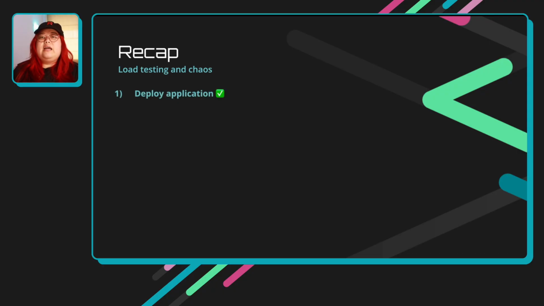So let me step back here and summarize what I've done. I deployed an application on a Kubernetes cluster on the DigitalOcean cloud. I installed New Relic agents on the cluster. I defined the steady state by observing key system indicators both with and without normal load.